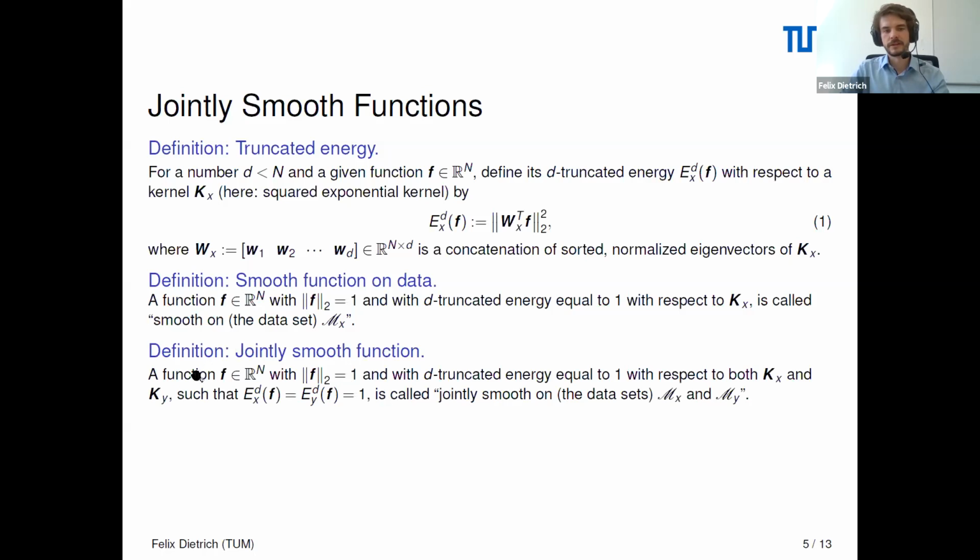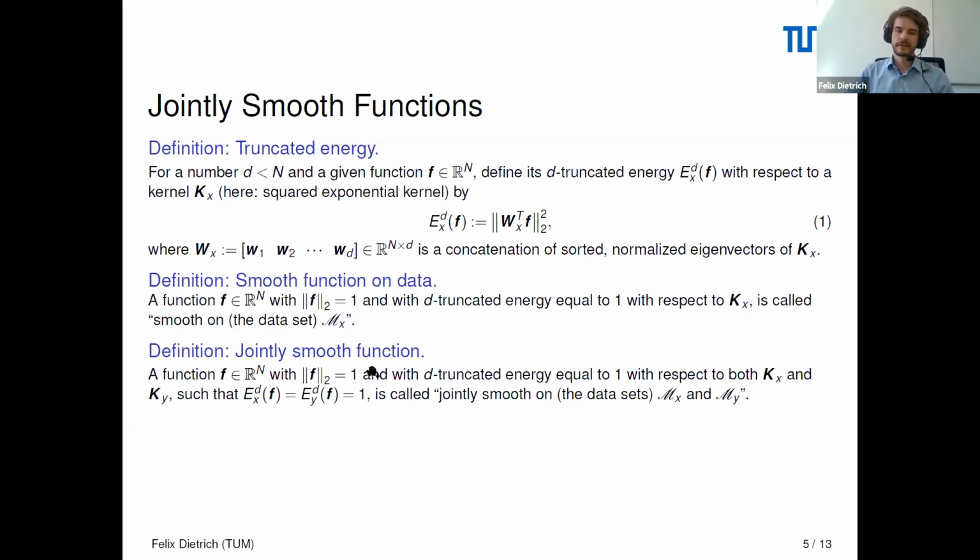And of course, now we can define jointly smooth as well, because now if we take two data sets, X and Y, or the parameters and the observations, and construct two kernels, and then see if a given function is actually having norm 1 and a truncated energy equal to 1, we call it jointly smooth.